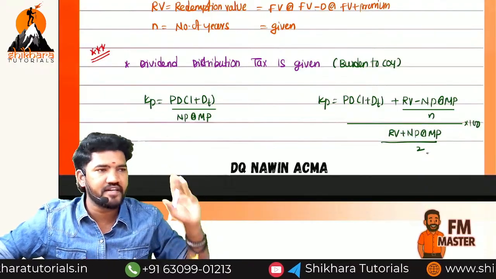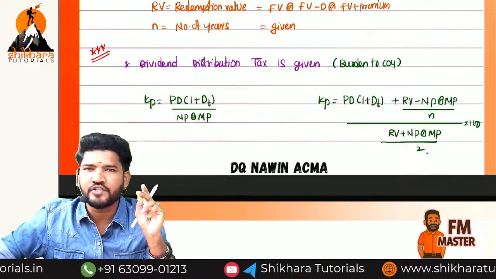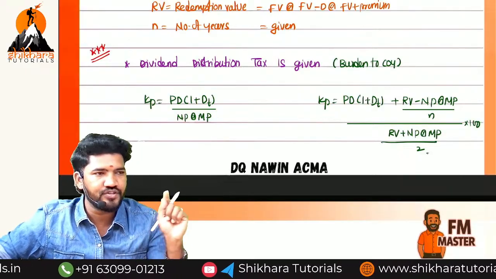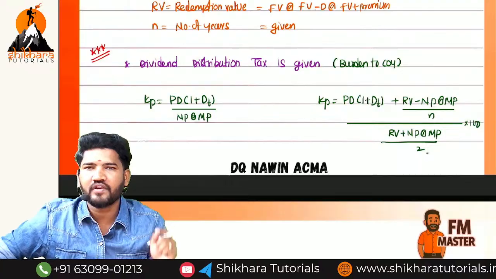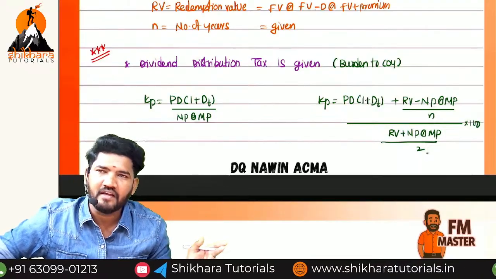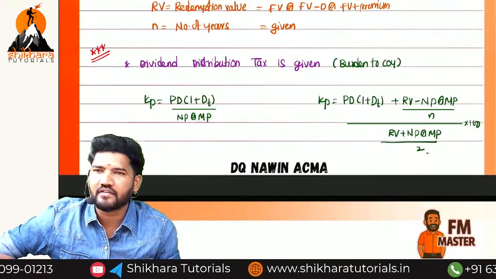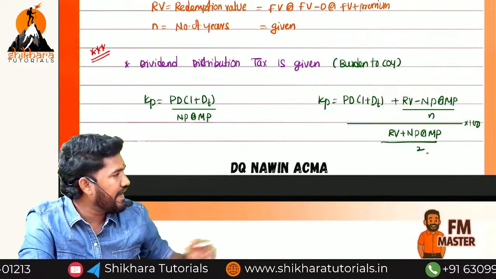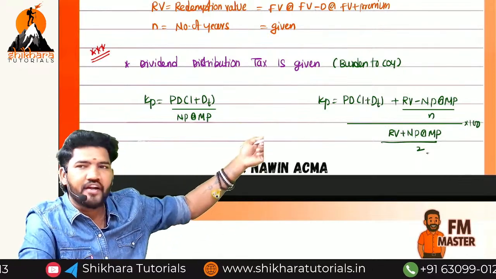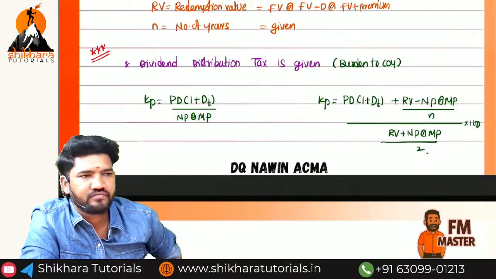So tax rates are 3 types. Company tax rate, that is nothing but PGBP; dividend distribution tax; personal tax, individual tax. So individual tax impacts KR. Dividend distribution tax impacts KP. Business tax rate impacts KD. Guys, clear? Okay, then fine. So why in the interest point of view did I reduce 1 minus tax? Why here did I add 1 plus DDT?